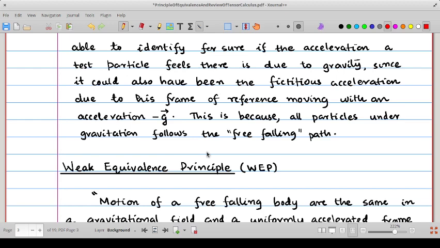Obviously then he will be able to say whether it is due to the electrostatic force or because of his frame of reference having an acceleration. Because if we use a different charge, then the acceleration of the particle will change. If he uses an opposite charge, then the direction of the force and direction of motion of the particle will change.